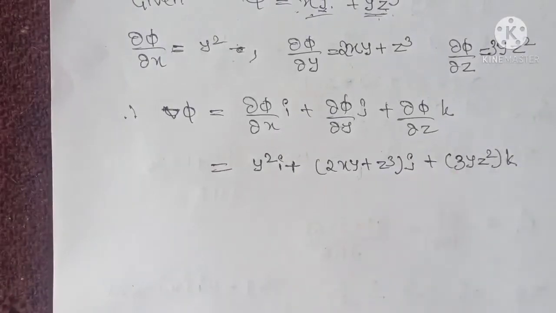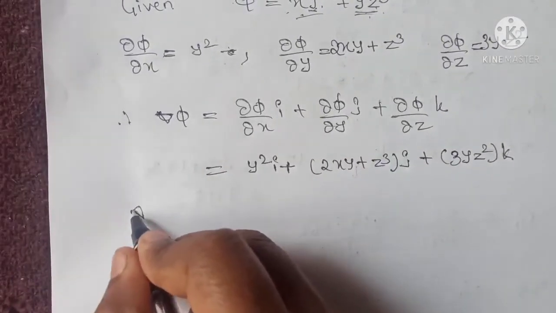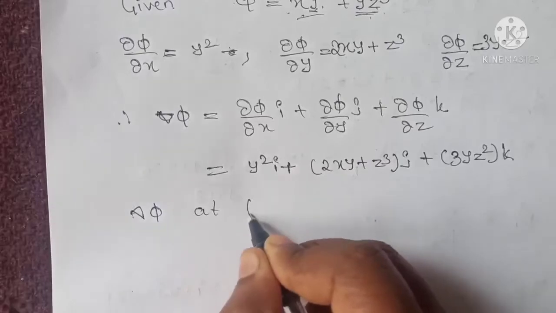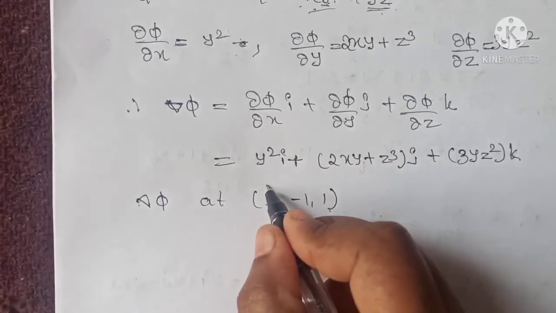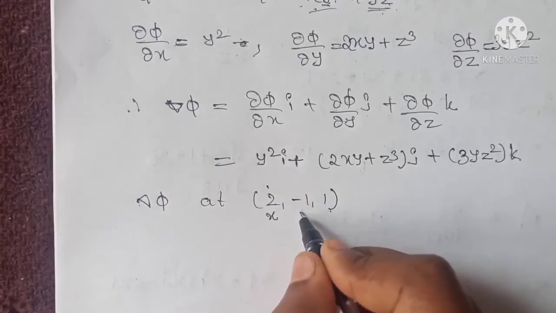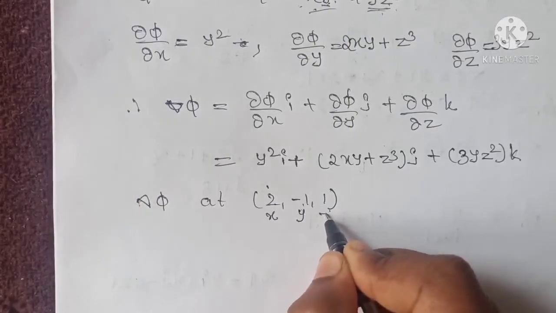Now we have to find the value of del phi at the point (2, -1, 1). That is, for x equals 2, y equals -1 and z equals 1.